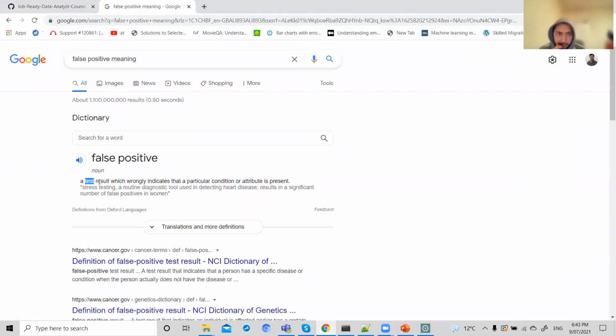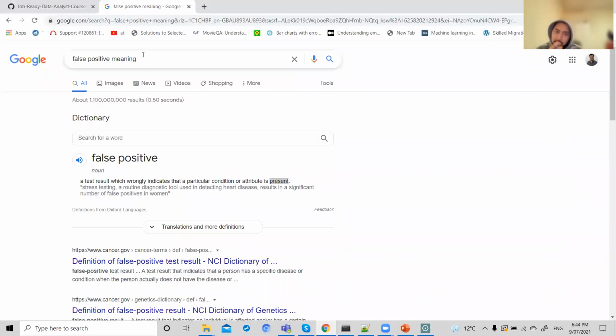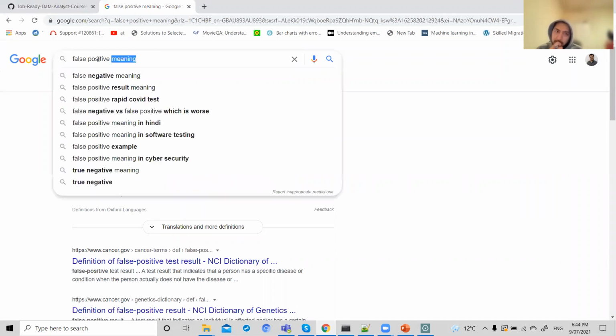A false positive is a test result which wrongly indicates that a particular condition or attribute is present. Let me check the table.